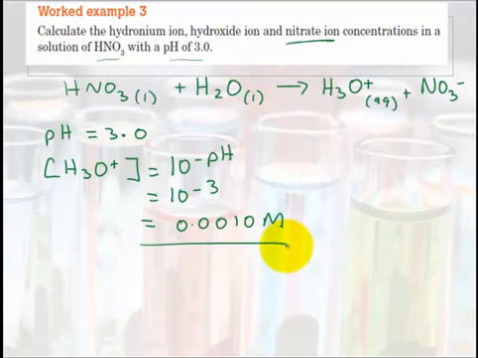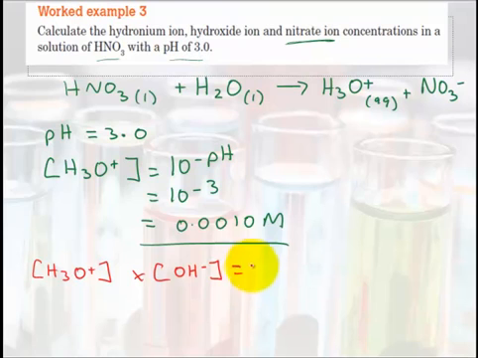Excellent. So that's the first part of the question sorted. The next bit's asking you for the hydroxide concentration. So we need the calculation of H3O positive times OH negative equals 10 to the negative 14.